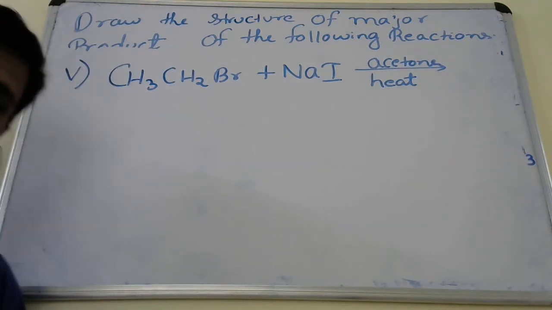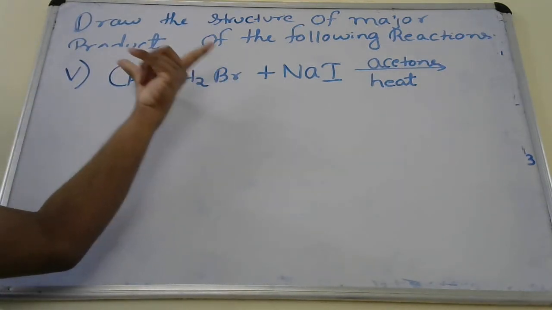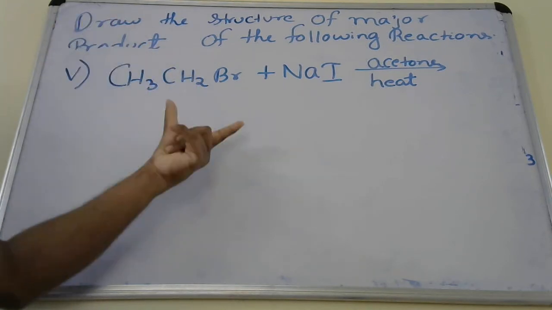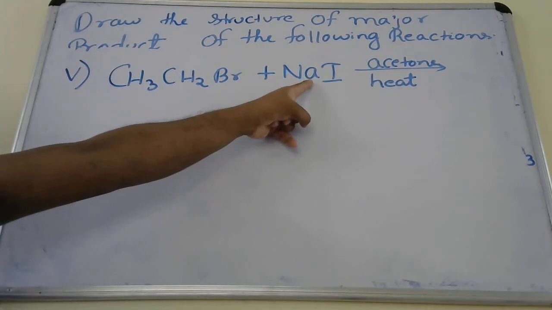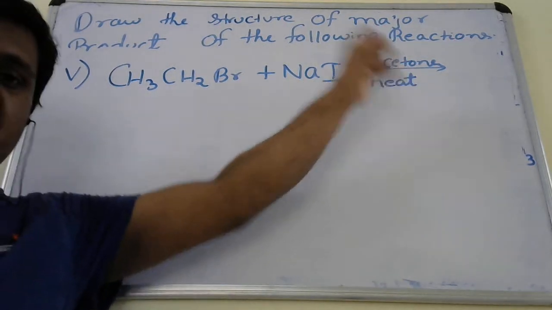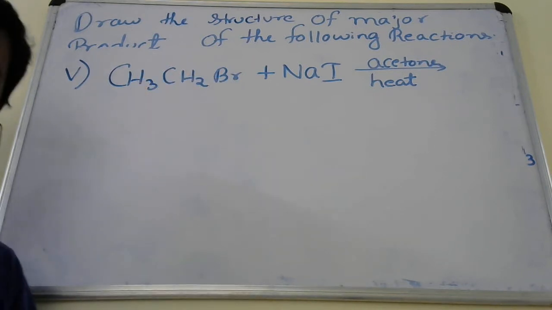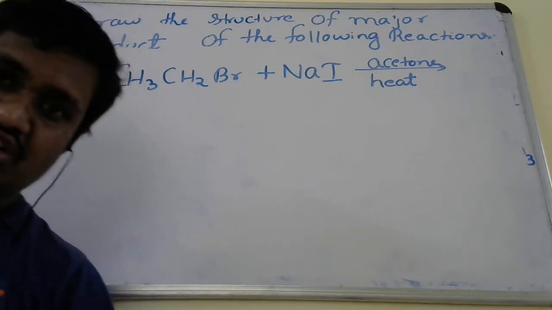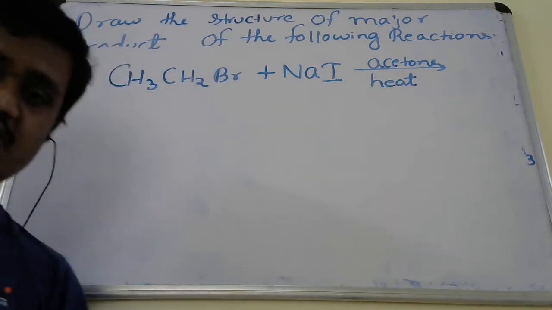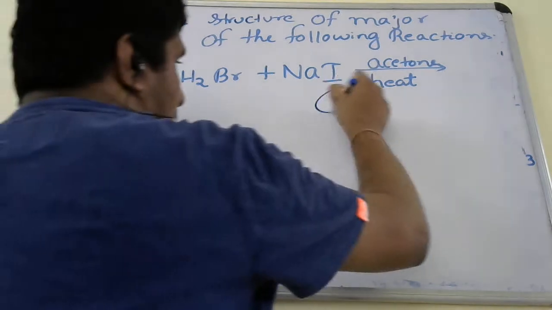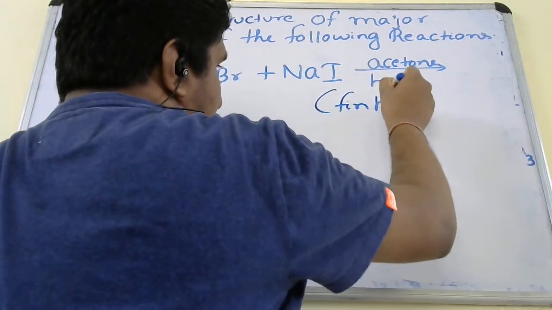You see, any alkyl chloride or bromide in presence of sodium iodide, acetone and heat, what will happen? The chlorine or bromine will be replaced by iodine, and this is a very famous reaction. Yes, you know it correctly.